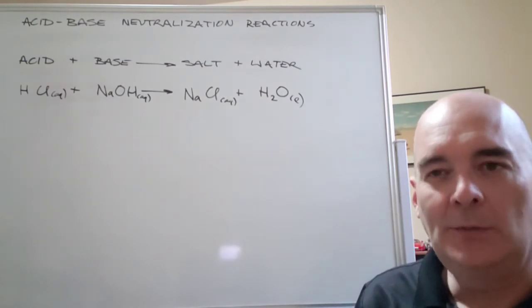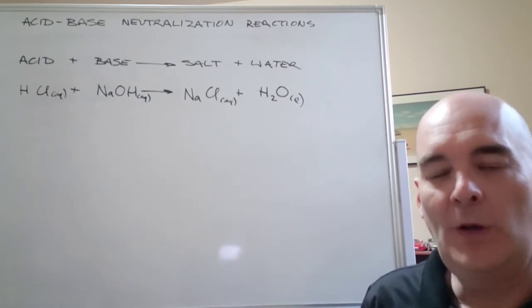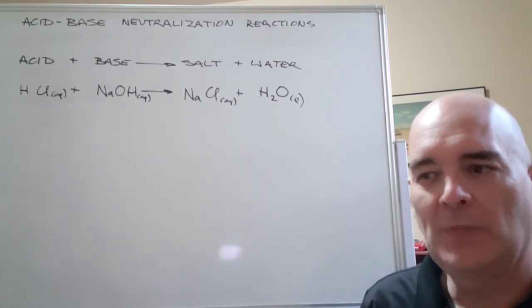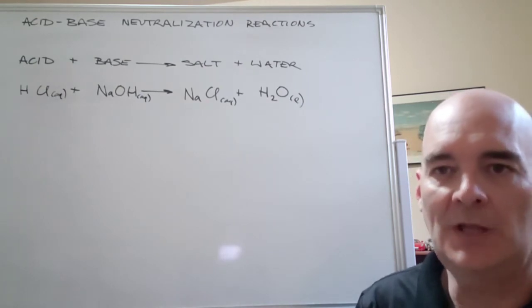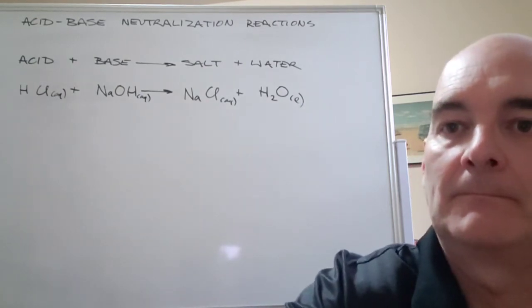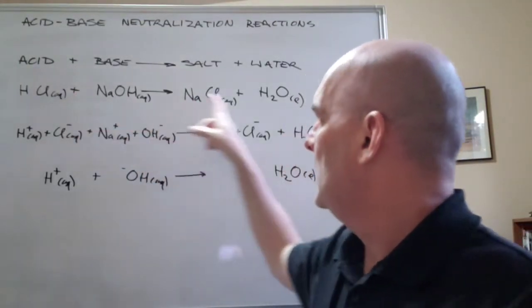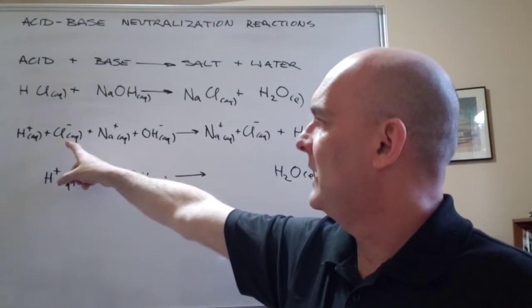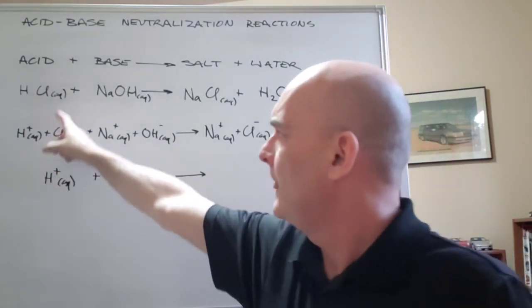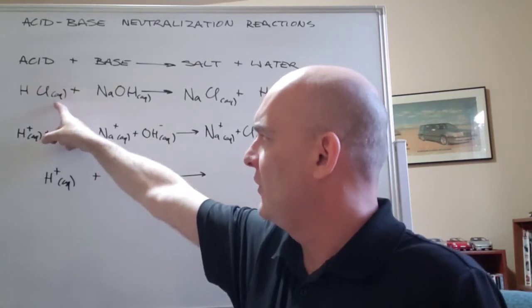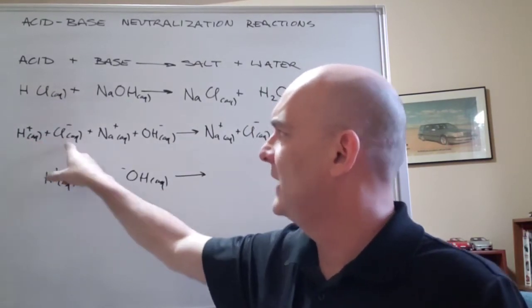What we need to do now is make a complete ionic equation out of this balanced equation and then define what the net ionic equation looks like. So I've taken my balanced equation and I have expanded it to be a complete ionic equation. The HCl is a strong electrolyte and has separated into H plus and Cl minus.